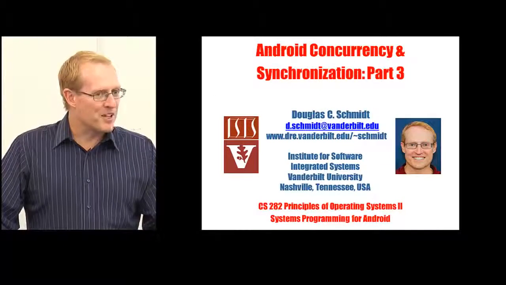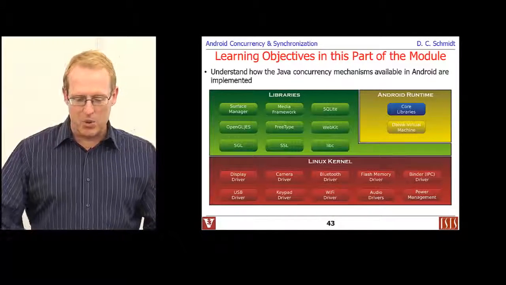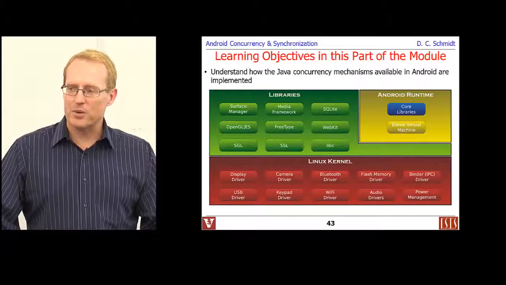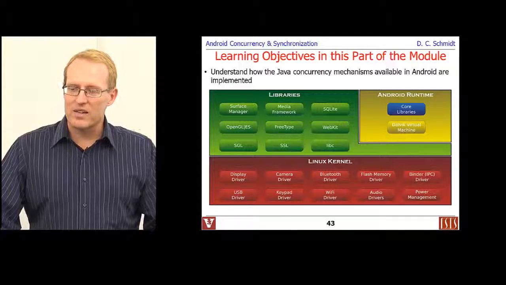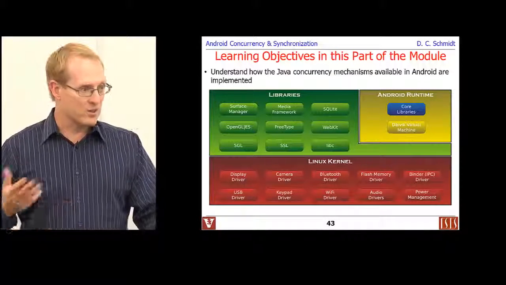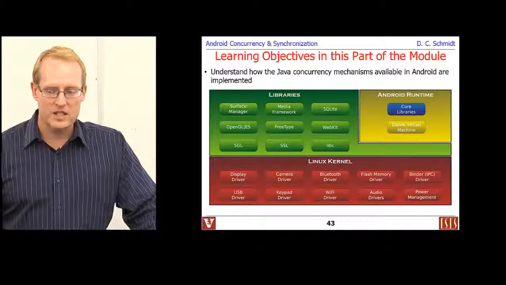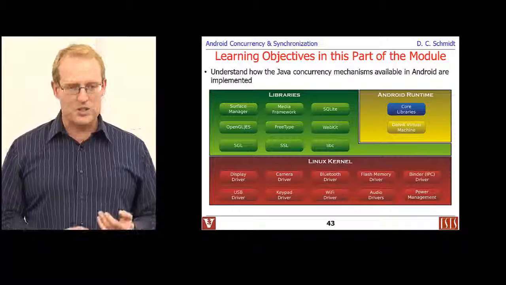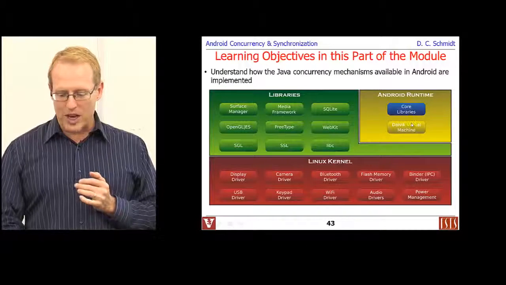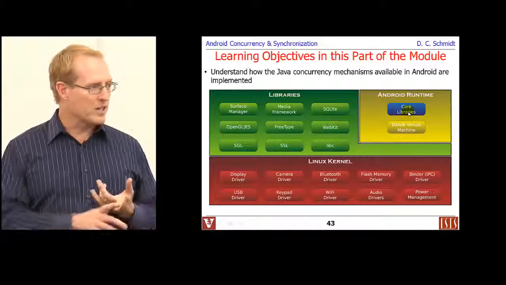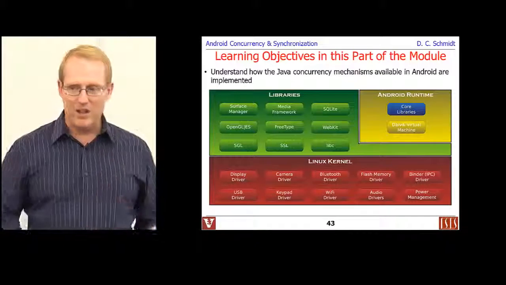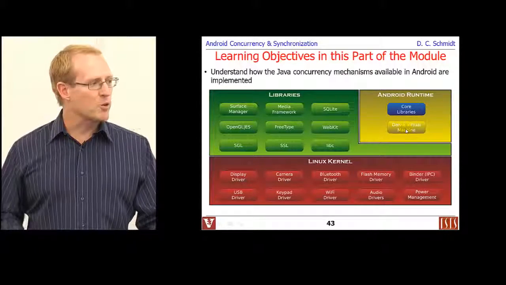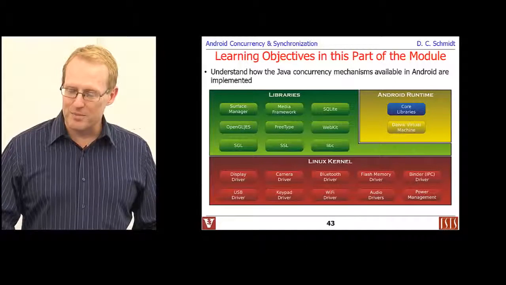OK, so the next topic here is to peek a little bit more under the hood and look at how this stuff is actually implemented. If you look at the way that threads are implemented in Android, and we're going to look at those in a bit of detail, you'll see that there are certain layers involved. Of course, there's the core Java libraries, like java.lang.Thread. But there's also other stuff involved. For example, there are some things that are part of the Dalvik virtual machine that are involved in implementing a thread.